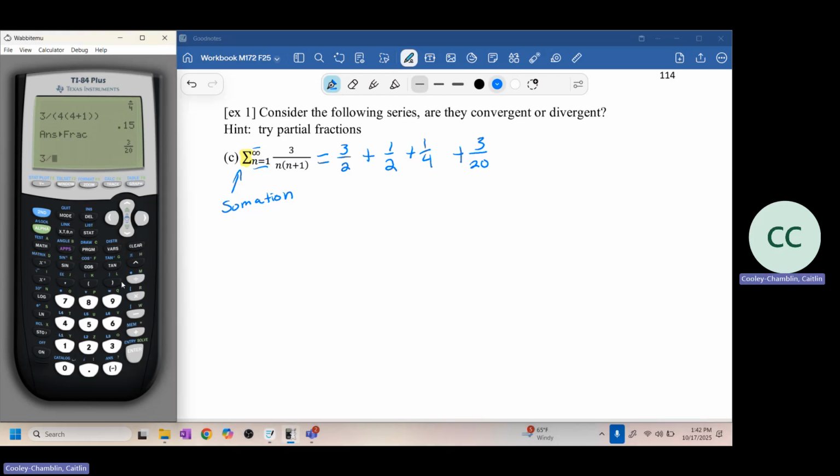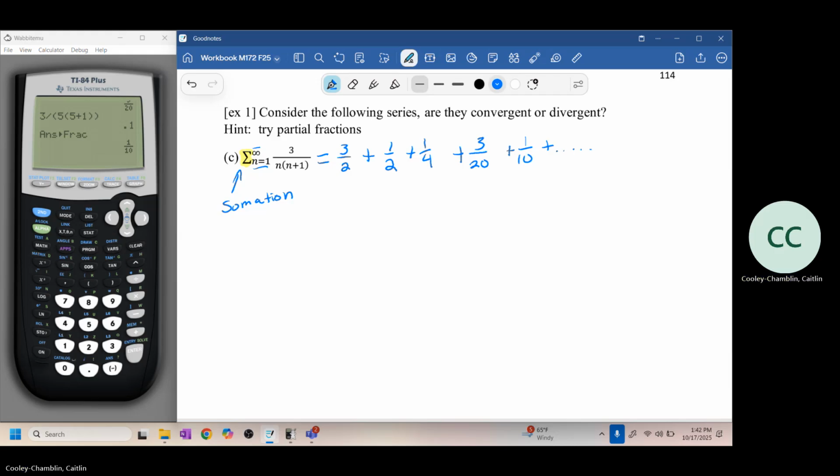So 3 divided by 5 times 5 plus 1. I get 1/10. Okay. And then we would just keep adding and going and going and going.